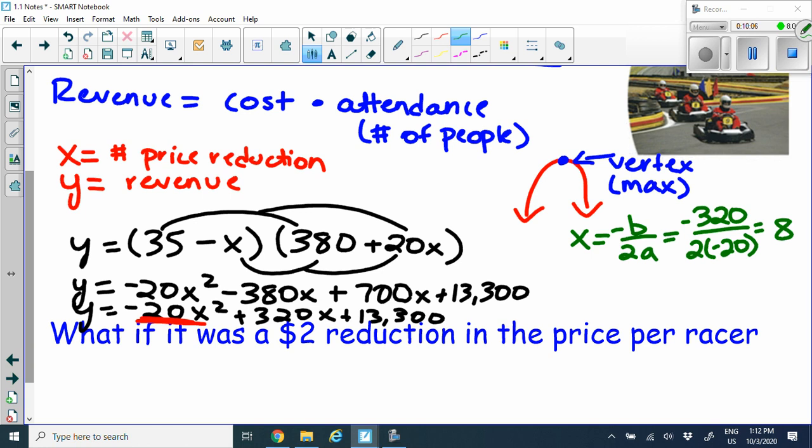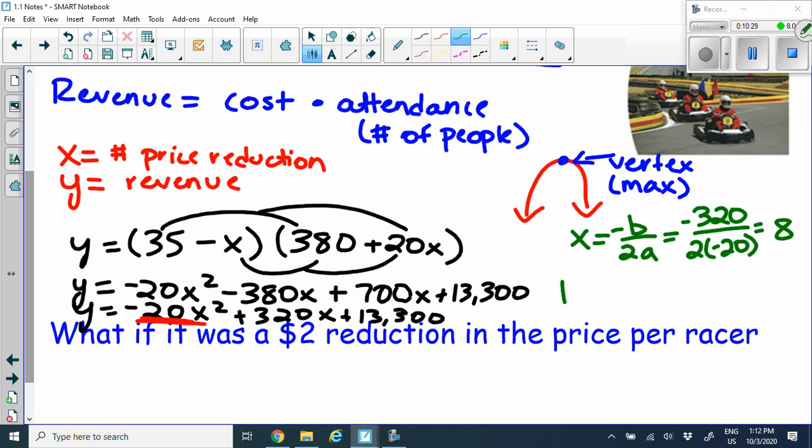So that's basically 8 price reductions right there, okay? So if we decrease by 8, that will help us figure that out. Now let's see, what about our revenue? How much are we going to make here? So we just plug it in. I'm running out of room here, but that's okay.